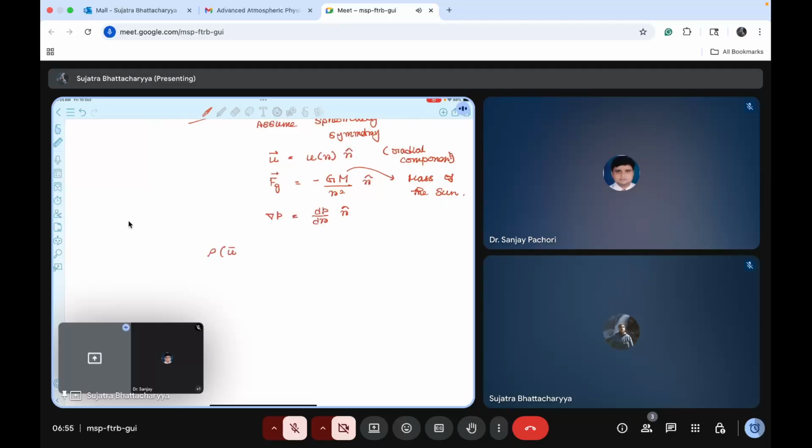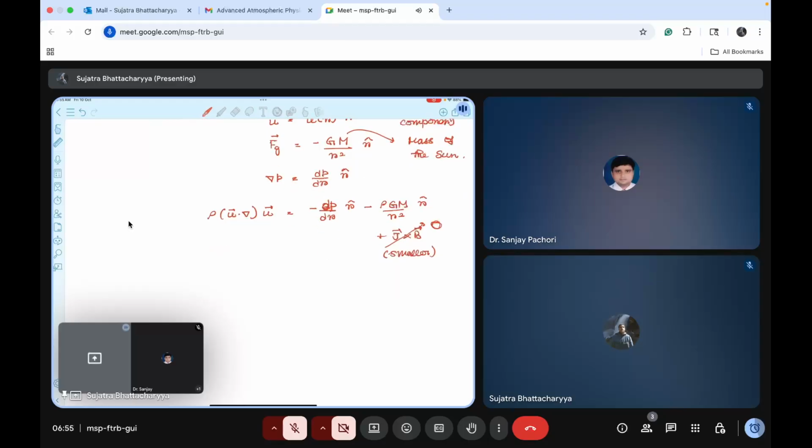Rho u dot grad u is minus dp dr minus rho G M by r square plus J cross B. This electromagnetic term, we have already said we will be neglecting. It is smaller compared to other terms.